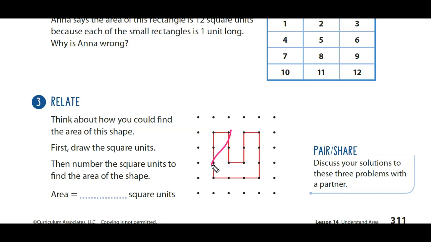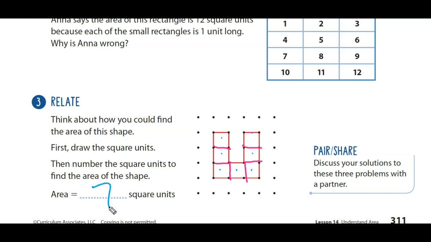Oh, all right, because that's not a square. So it would be like this. And then what do we do next? Count them. 1, 2, 3, 4, 5, 6, 7. So what's the square unit for that shape? 7.